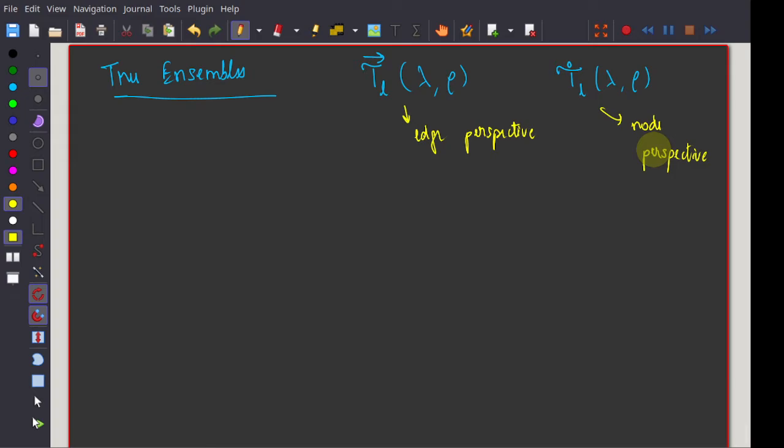So this is a random construction, and the construction works as follows. So let me first specify how this is constructed. So step one, it's an iterative construction, and let's see how to construct this from the edge perspective.